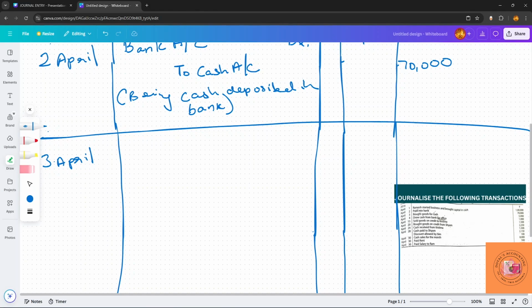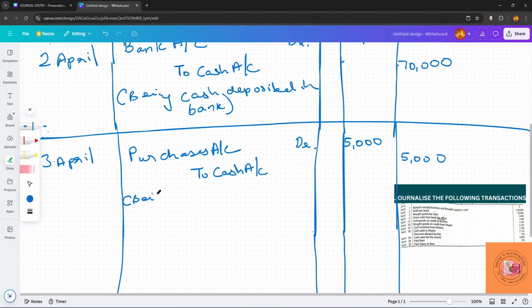So we will debit purchases. Purchases account debit to cash account because cash is going out, 5,000. Being goods purchased for cash.